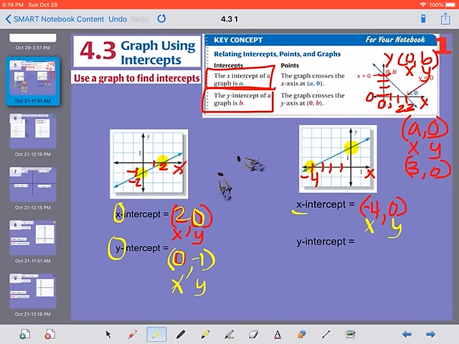Notice when we're looking for the x-intercept, y is 0. When we're looking for the y-intercept, x is 0, because we're not going left and right for our y-intercept here. So for our y-intercept, we're at 0 and then up 1, 2. 0, 2 for x and y. So again, for our y-intercept, x is 0. For x-intercept, y is 0, because it's on the line.